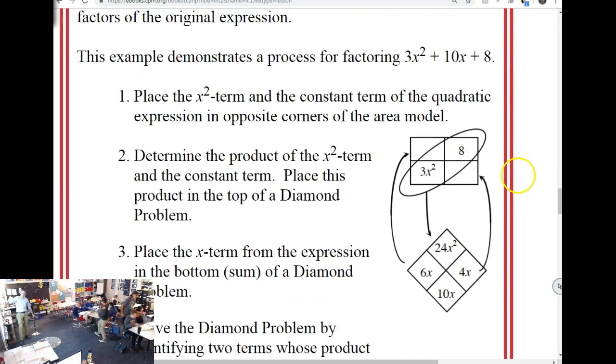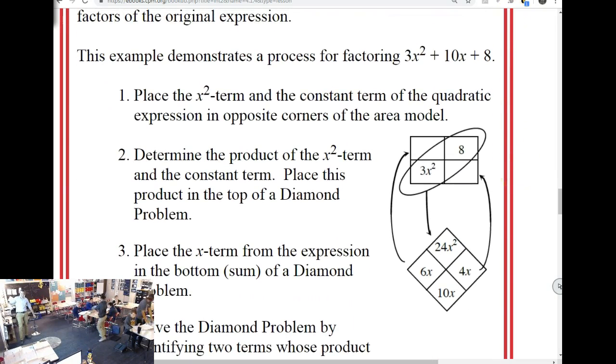This right here, Chris, is how we use the diamond method if we have a coefficient on the x squared. So what we do is we multiply the coefficient and the constant, and we get 24x squared. Depending on your brain, you don't really need to care about the x squared. We get 24.